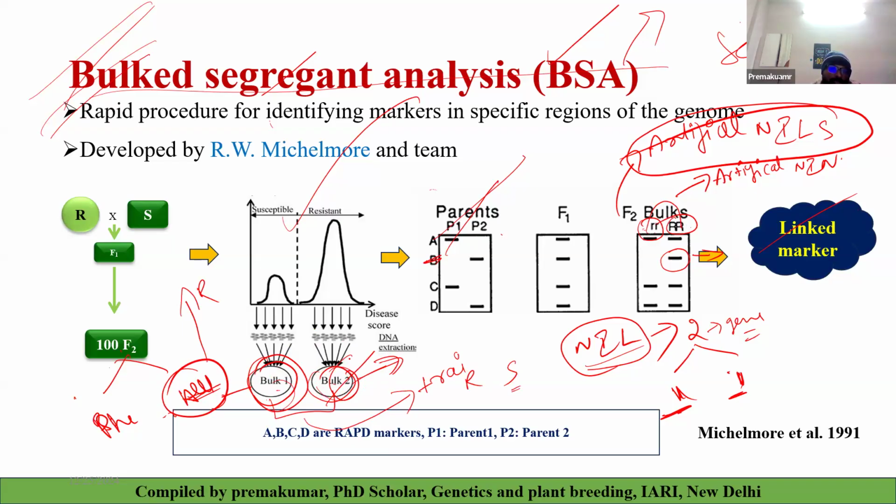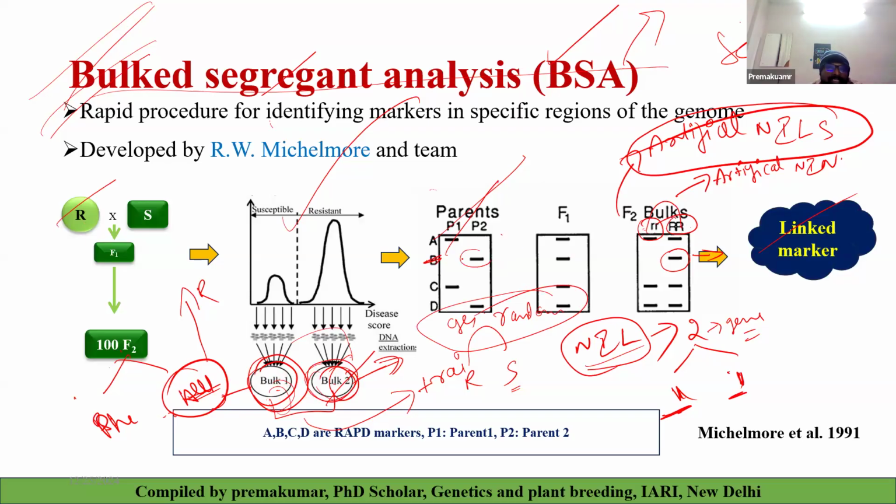But the rest of the background genome, other than the resistance, is random. You can't say it is the same, but you can say it is random, in both cases. But when you look at your trait of interest, that allele frequency is maximum here and is not there in the other.